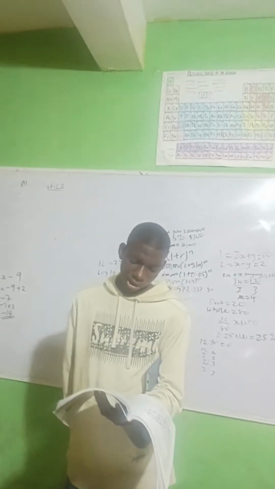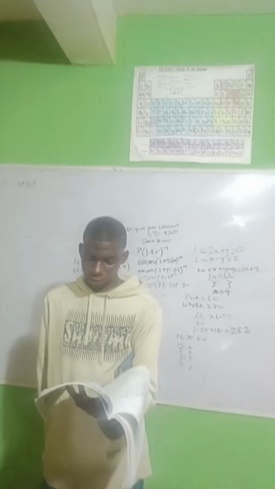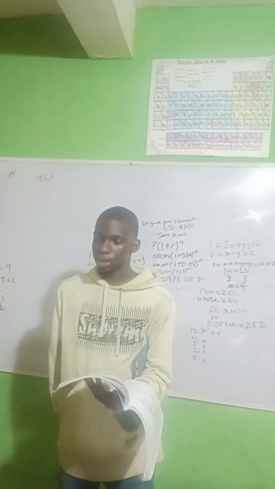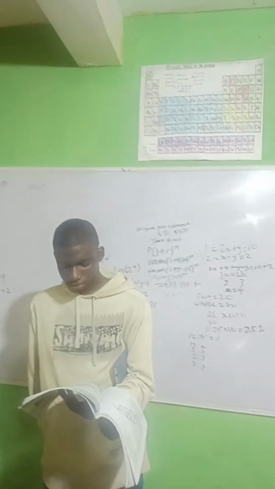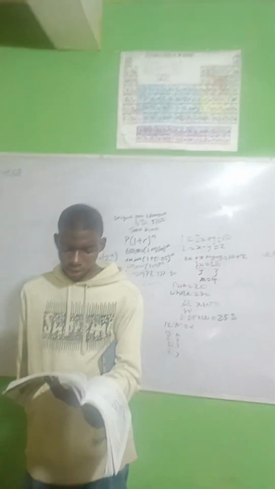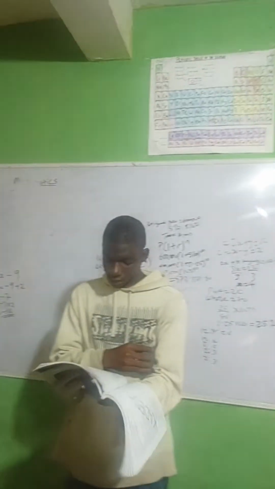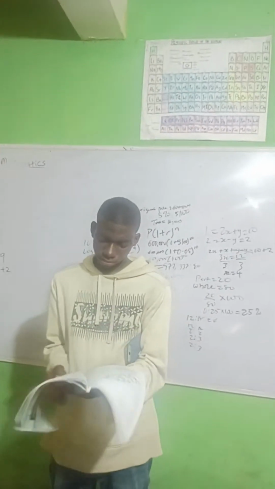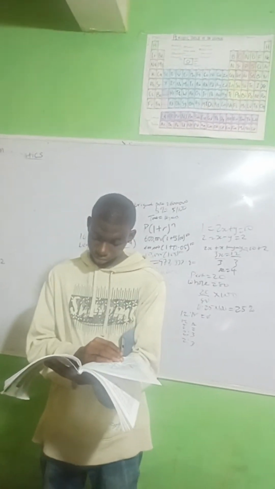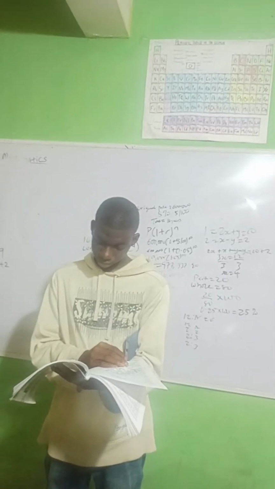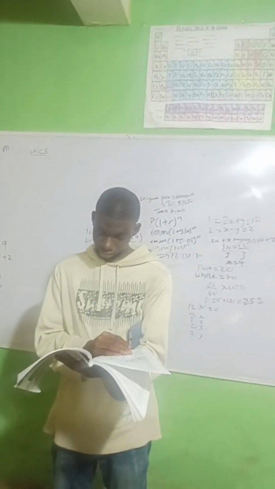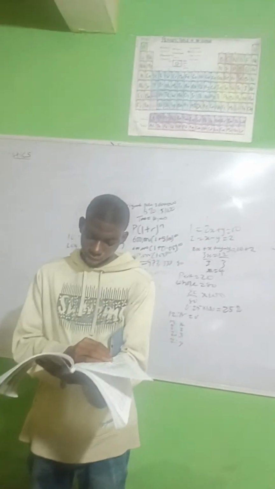So find the median of the set of numbers. That's 494, 13, 7, 14, 10, 17. So what's the answer?